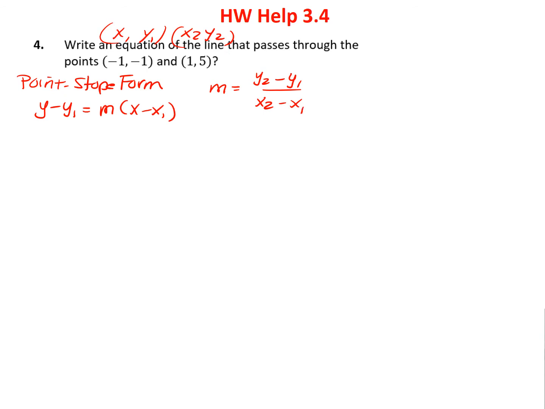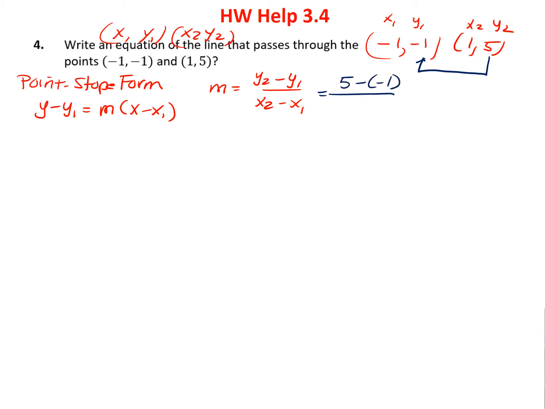So if I list my points up again here, just so you can see them, here's my x1, y1, and here is my x2, the x in the second point. What I do first is the y2 minus the y1. So that's going to be 5 minus -1.